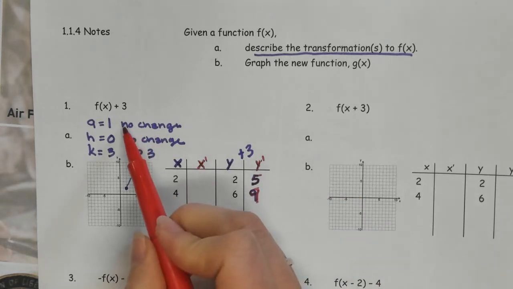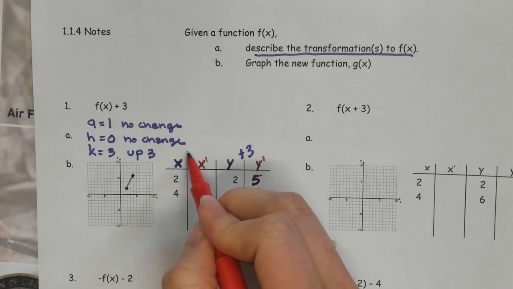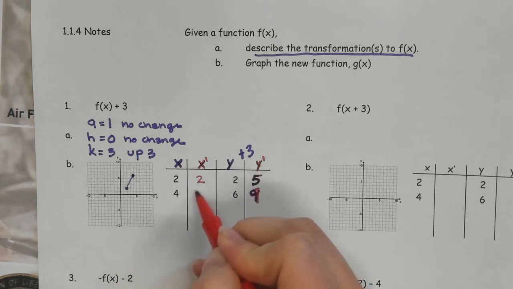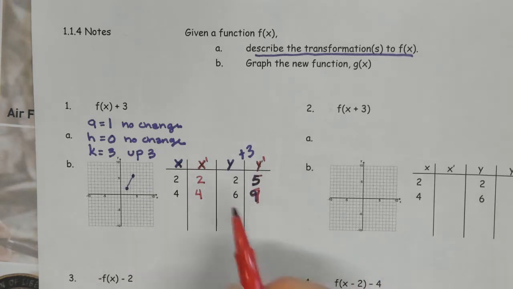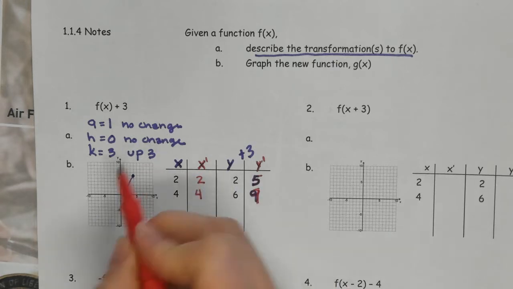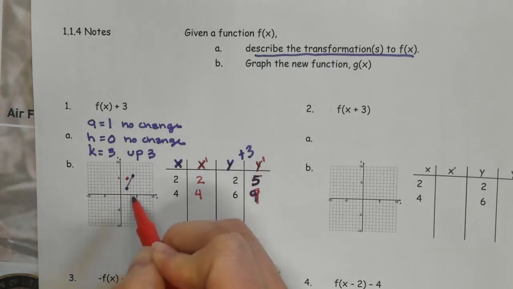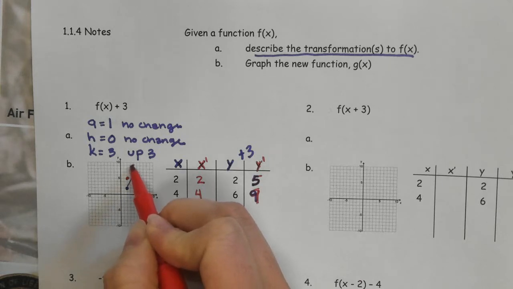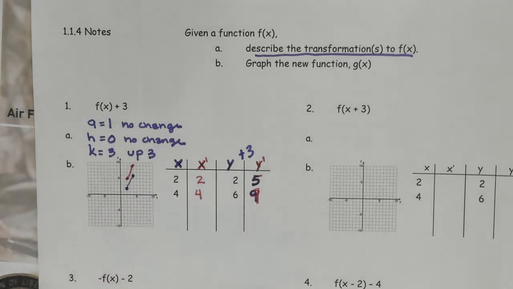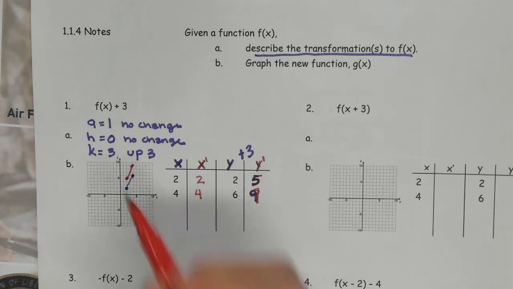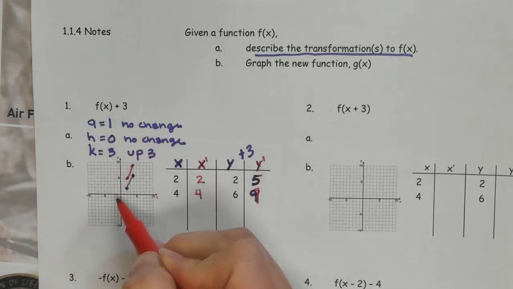Now X, there's no change here, there's no change here, so there's no change. So this is just going to stay the same. So now my new point is 2, 5. So 2, 5, and 4, 9. Which makes sense because the graph looks like it moved up 3. So this should make sense with the graph.